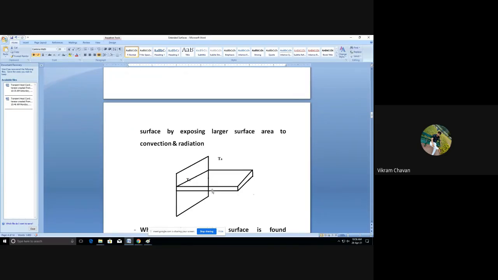This particular extended surface is called a fin. The surfaces which are attached to base surfaces are called extended surfaces, and another name for extended surfaces is fins. Getting everyone? Is there any question or doubt about the extended surface? Why we are required to attach the extended surfaces?